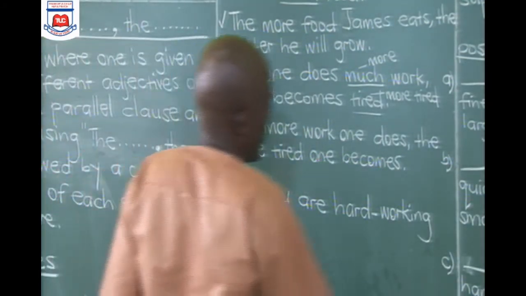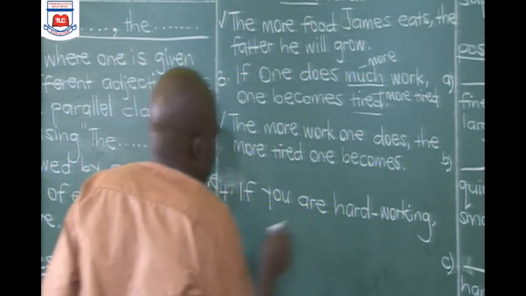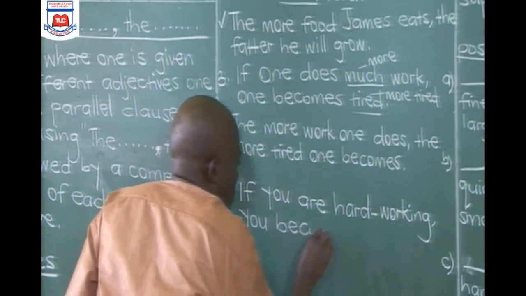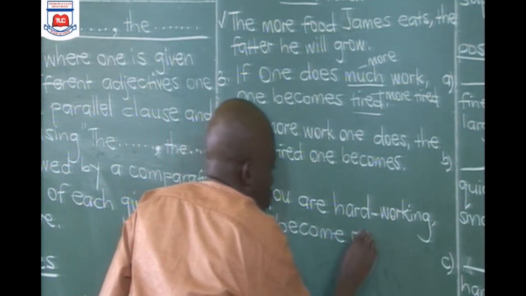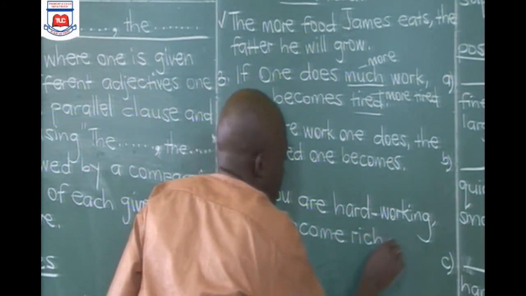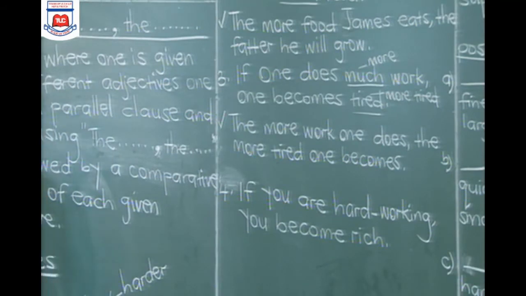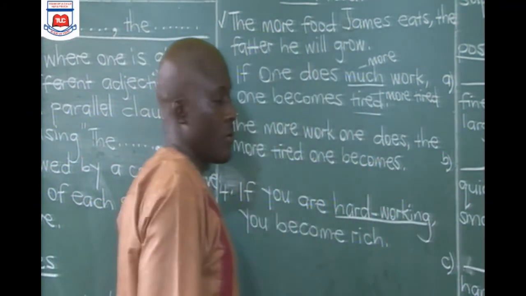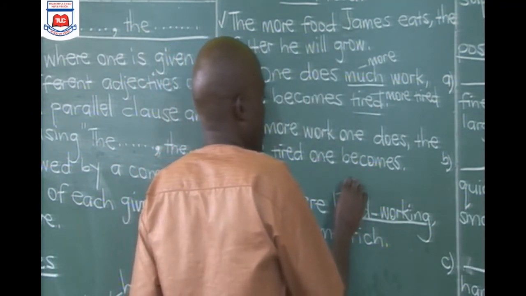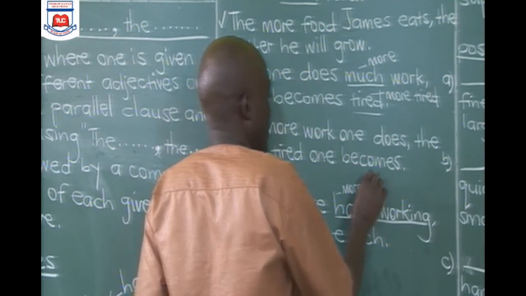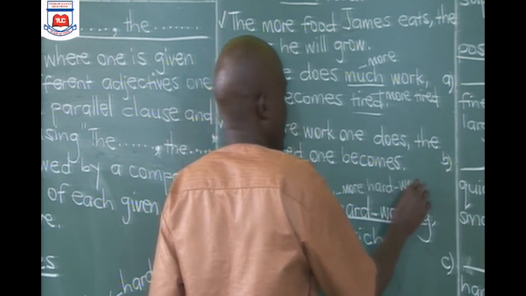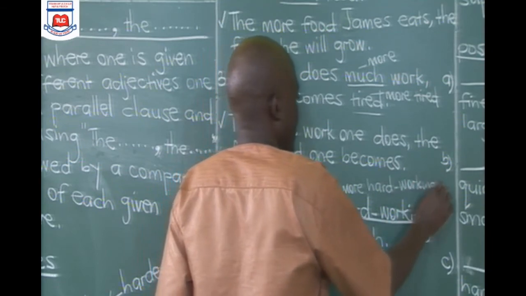If you are hardworking, comma, you become rich. Where are the adjectives? The first adjective here is hardworking. The comparative degree is more hardworking, because it has more than one syllable.